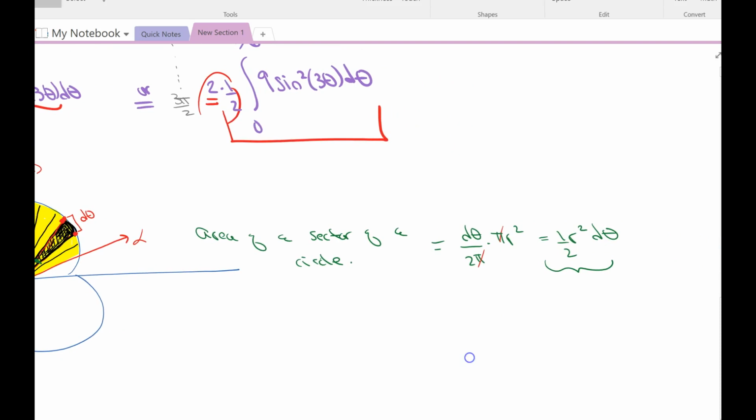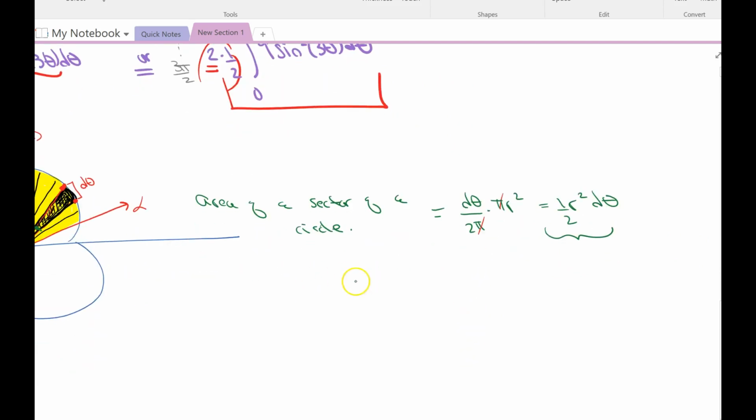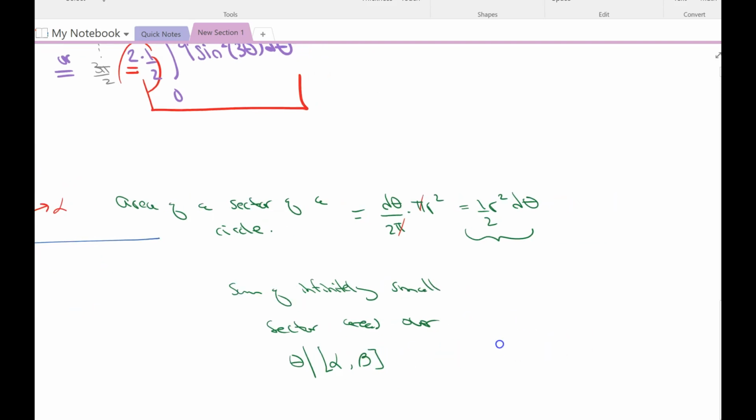And when you want to add up infinite sectors, the sum of infinitely small sector areas over an interval of theta from alpha to beta, for example, you know where we're heading.